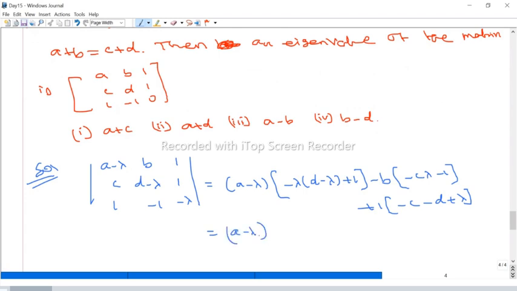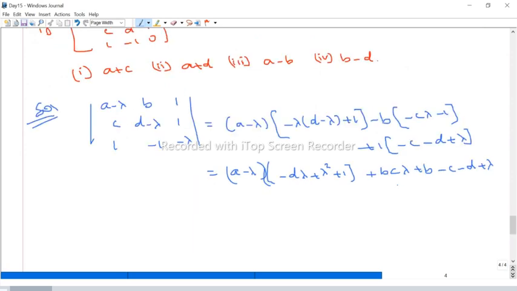A minus lambda times, multiply minus, we get minus D lambda plus lambda square plus 1. Minus, you can take minus outside, therefore plus B times, or multiply B inside, therefore B C lambda plus B, minus C minus D plus lambda.